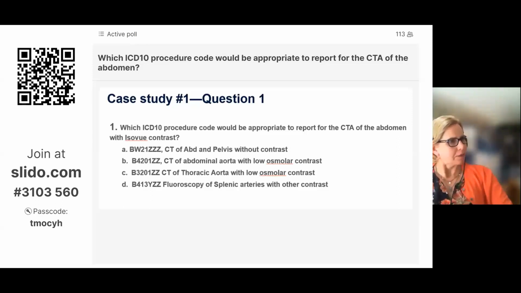Like popcorn popping. Yes, it is. We may have had some who didn't catch all the details and are just now trying to get logged into that. So again, the study that was completed was a CTA of the abdomen and pelvis.